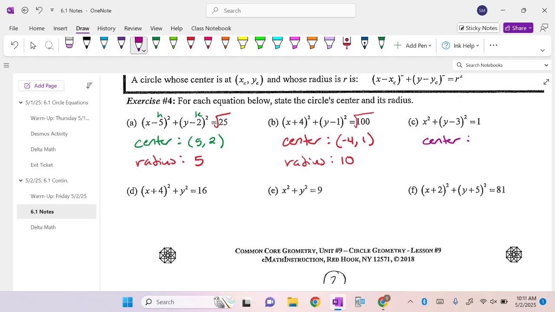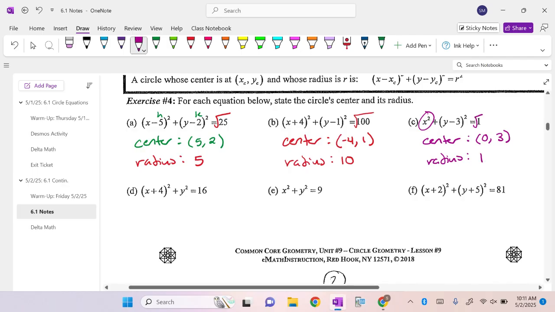There you go. Remember, with this x squared right here, if you have an x squared or a y squared by itself, that means that value of the point is 0. So this would be 0, +3. What would the radius be? Mariana. It'd be 1. Square root of 1 is also 1.